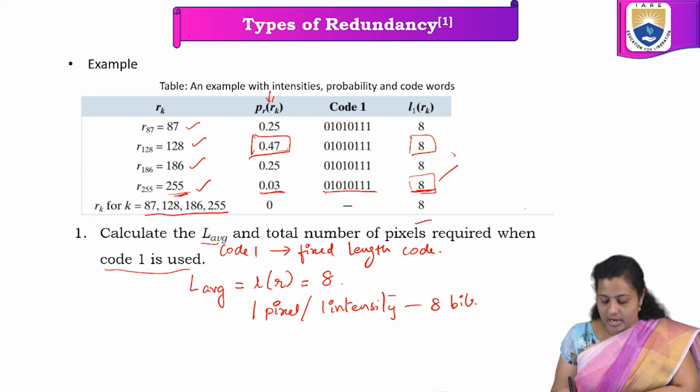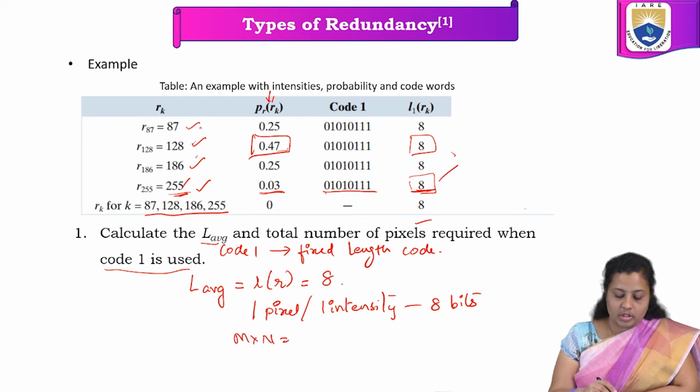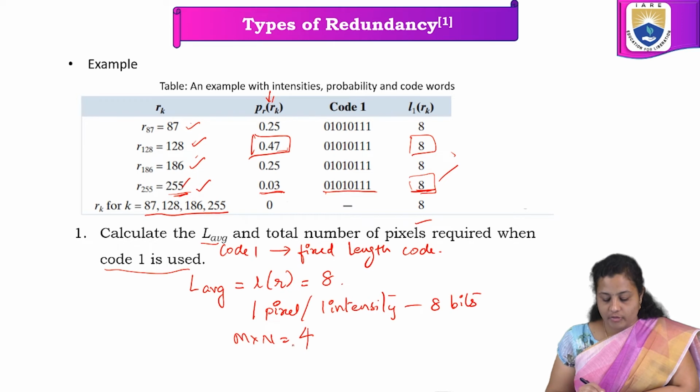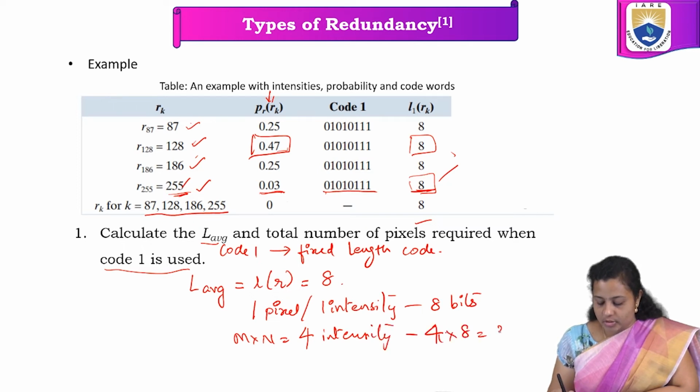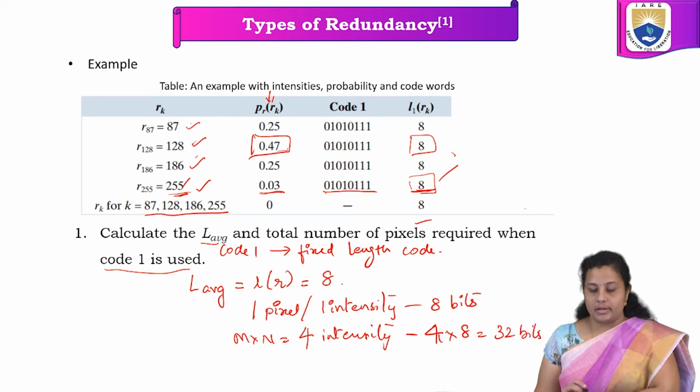We have here M cross N equal to 4 intensity values. So that can be represented by 4 into 8, that is equal to 32 bits. So your L average is equal to 8 bits.